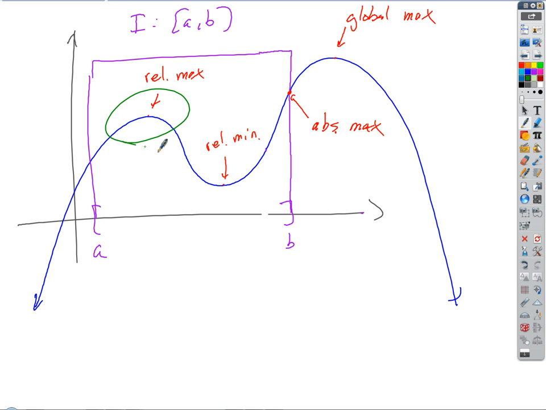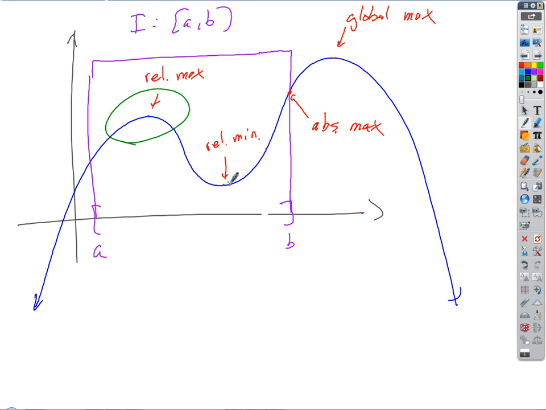So we can't point to a single place and say that's the lowest place in this universe, right? There isn't one. We can say there's a global max. We said that's a relative minimum. What is our absolute minimum for the purple interval? It is the relative minimum, isn't it? Right, because on the purple interval, that's the lowest point.